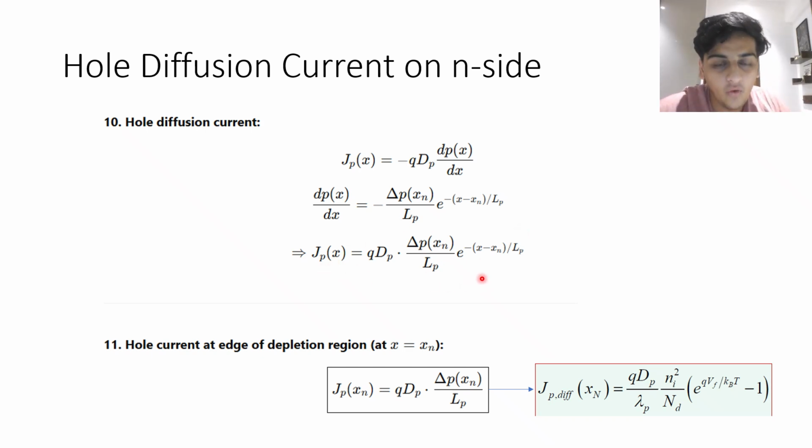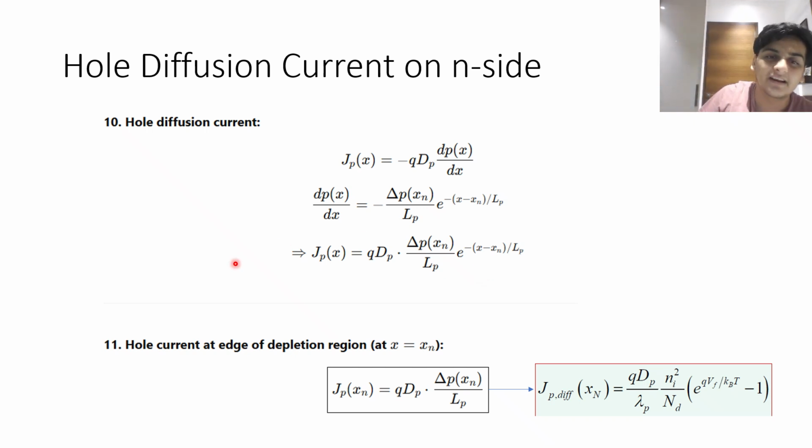Now, using this, we get the general expression for the whole current. We can also calculate this diffusion current at the edge of the depletion region, which is at x equal to xn, and we get this expression where we put x equal to xn, and we can now expand out our delta p xn.